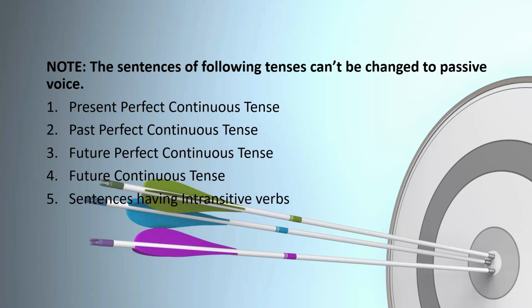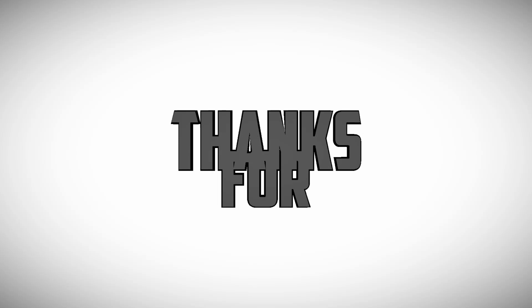Fourth one, future continuous tense. And fifth one, sentences having intransitive verbs. All these tenses I have taught you in my previous lecture. All other tenses are converted and we have seen all their sentence structures. So this was our topic, active voice into passive voice.